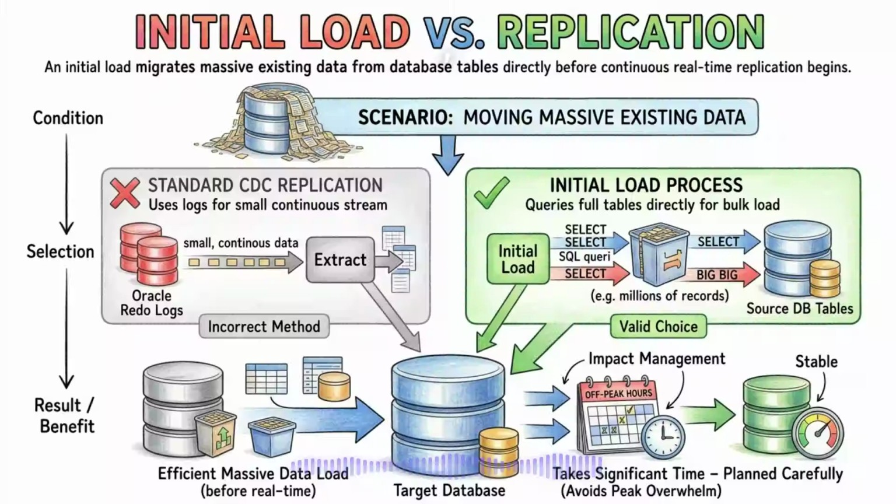If you require absolute maximum performance, especially in modern cloud environments, you will utilize the advanced parallel Replicat mode. Parallel Replicat breaks the incoming data stream into numerous smaller streams and uses multiple background threads to apply them simultaneously.